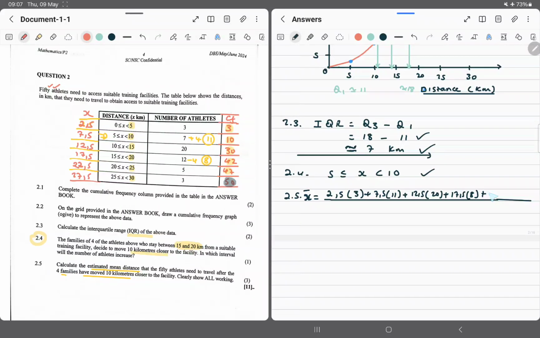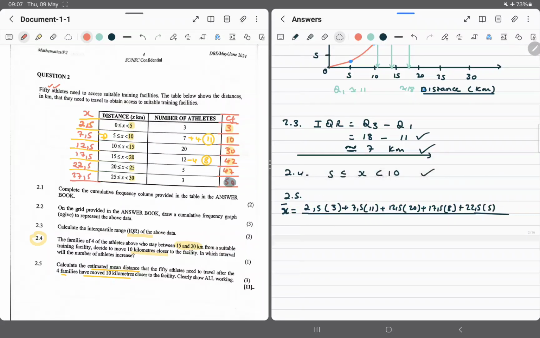And then we add again the 22,5. Then we multiply by its corresponding frequency. Plus the last one, which is 27,5 into 3. Then we divide by the total, which is 50 of those frequencies. And that should give us the mean.